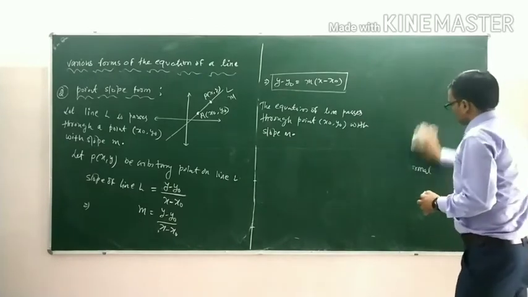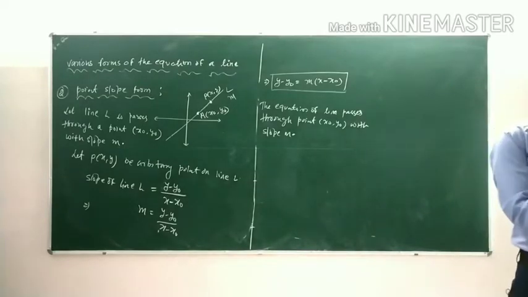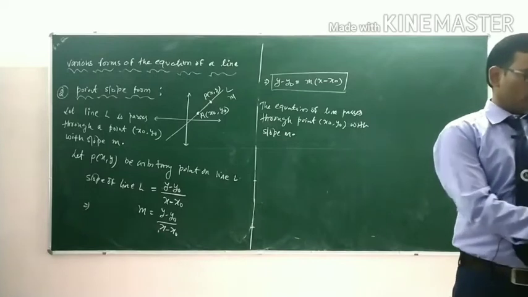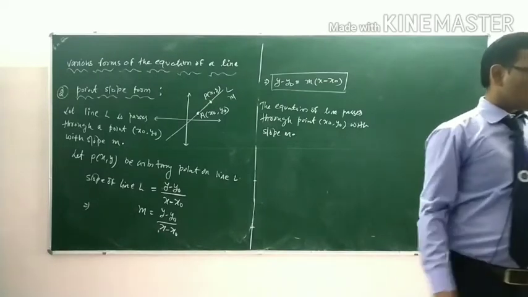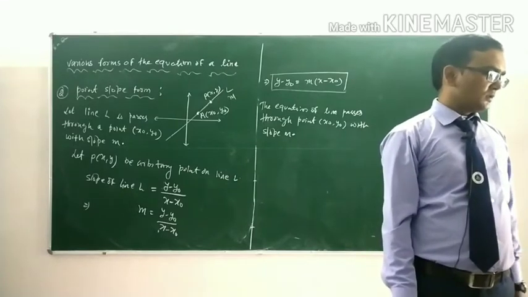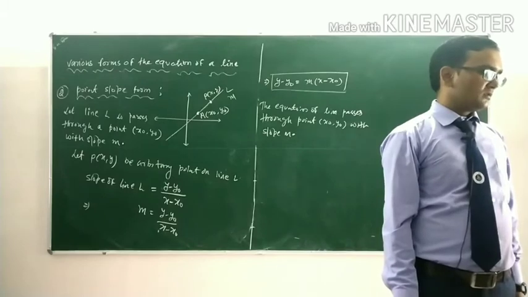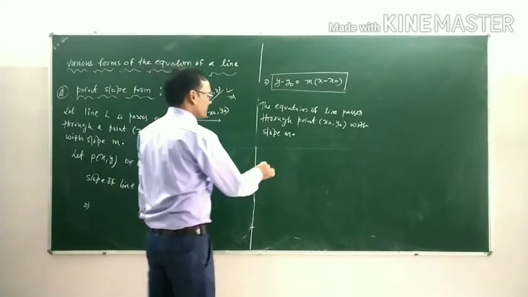Solve the question related to this formula. Okay students, find the equation of the line passing through minus 2 comma 3 with slope minus 4.